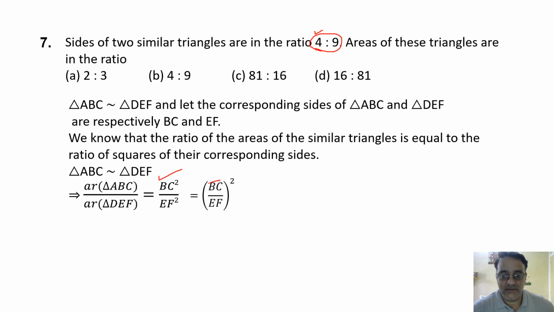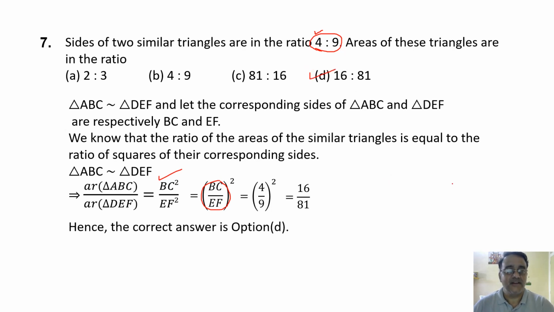And now this ratio is given 4/9. And we know that 4/9 whole square will become 16 upon 81, right, 16/81. Very good. So which option is the correct one? Option D. Right. Now we are moving toward question number 8.